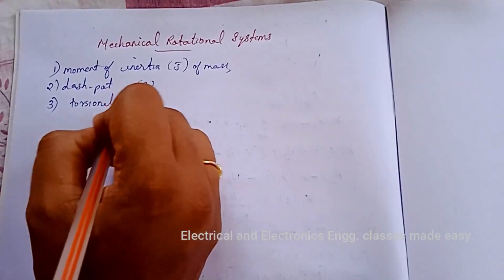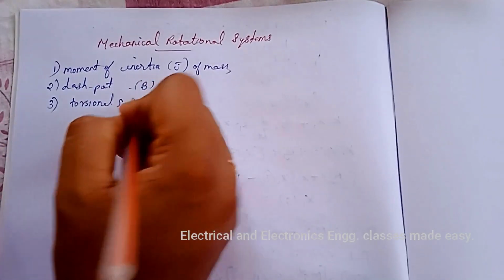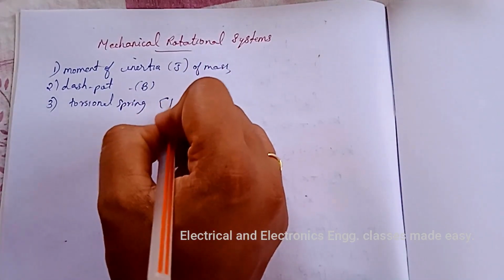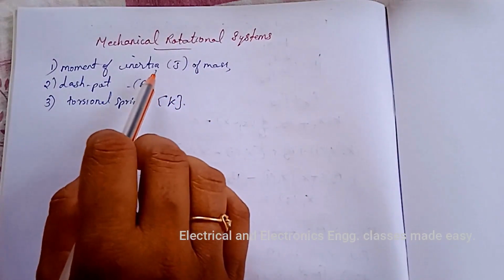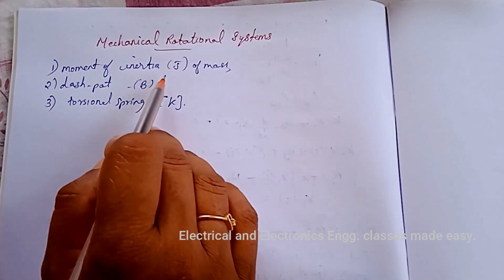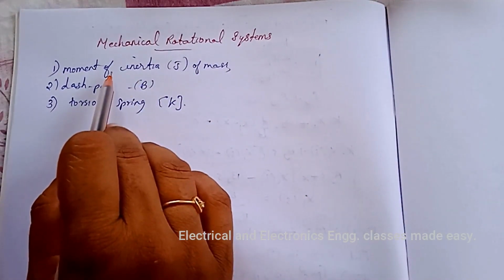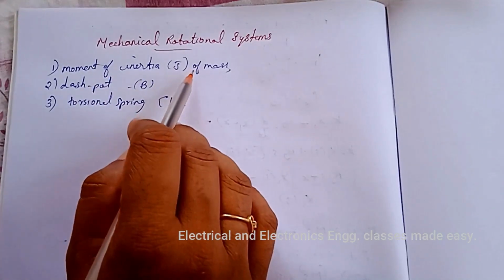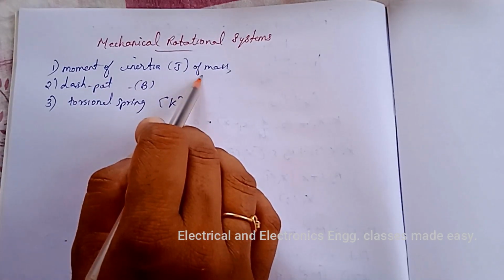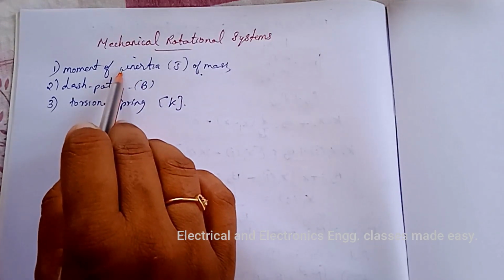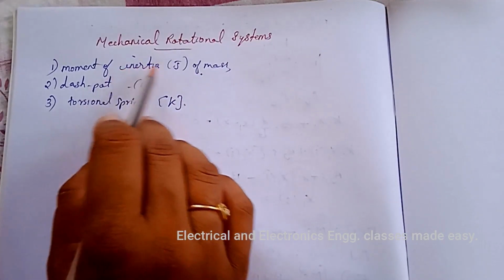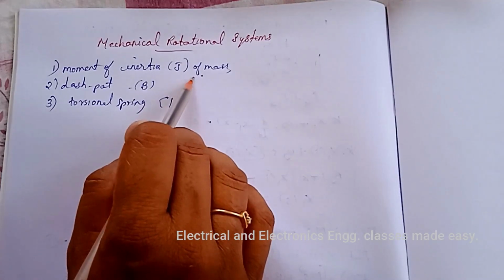Torsional spring with stiffness K. The weight of the rotational mechanical system is represented by the moment of inertia of the mass, and the moment of inertia of the system or body is considered to be concentrated at the center of gravity of the body.